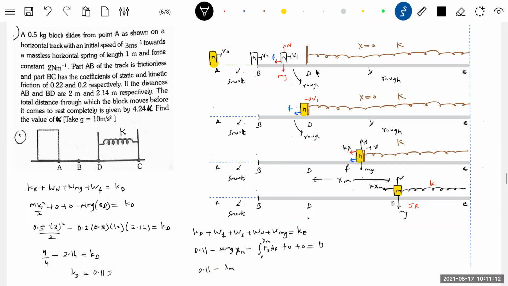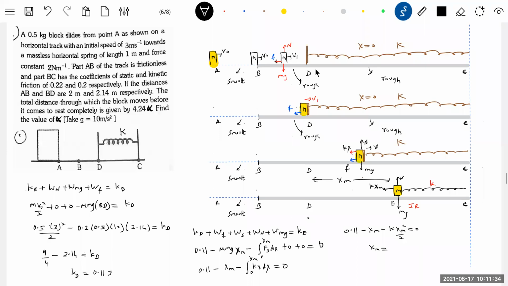This everything will become xm. Kx dx from 0 to xm. Solving this quadratic equation, I'll get xm.